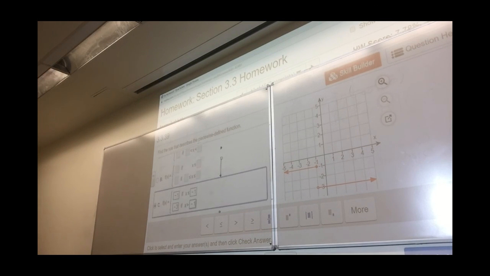There's a lot of different options for how the piecewise could be set up. This was the only one that is the correct setup. Anything else on this one? We're good on that one?